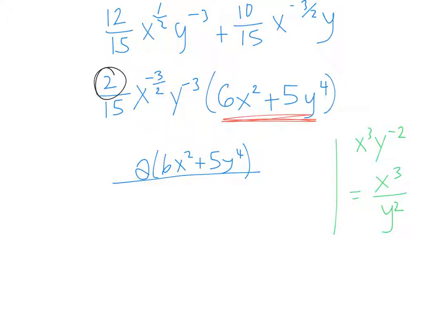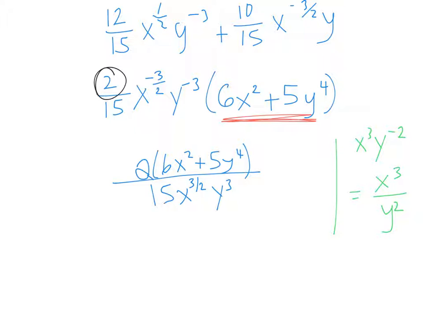Then I could put the 15 on the bottom. I could put the x on the bottom and it makes it positive. And I could put the y on the bottom and it makes it positive. Now, there's nothing in this that has a negative exponent. It's all one big fraction together. It just looks a little neater. You don't see this really nasty front stuff anymore because it's one big fraction.